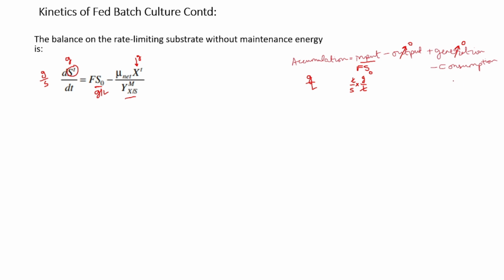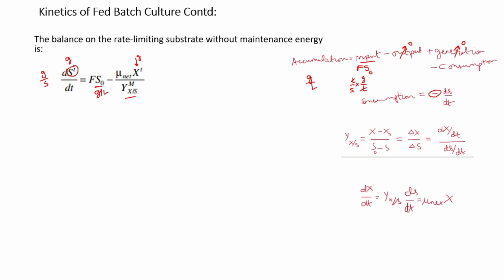And for consumption, anything which is consumed is given by minus dS/dt. Here we are considering substrate, so it is dS/dt, and minus because it is consumed. So now we know from the original definition of yield coefficient, Y_X/S is given as X minus X0 by S0 minus S. We can write it as delta X by delta S. So if we write it in terms of differential expression with respect to time, dX/dt whole divided by dS/dt.